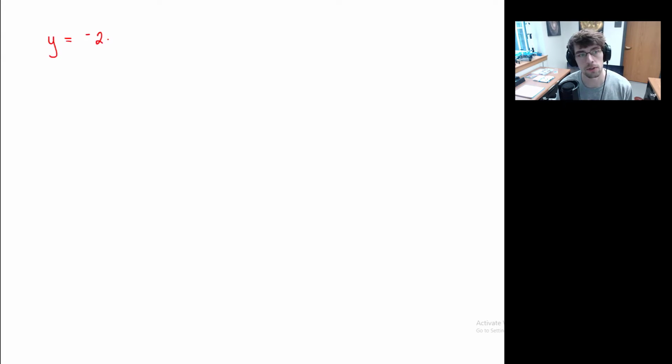We'll say y equals negative 2x plus 5. So I'm going with one dependent variable and one independent variable. And for the second one, why don't we go with something like y is equal to 5x plus 2.